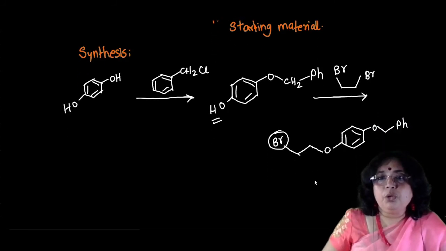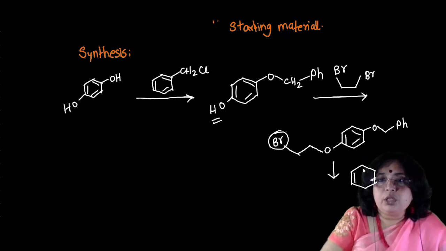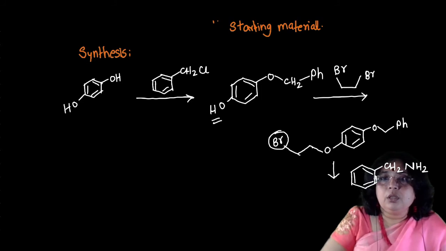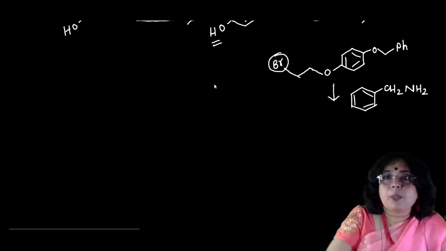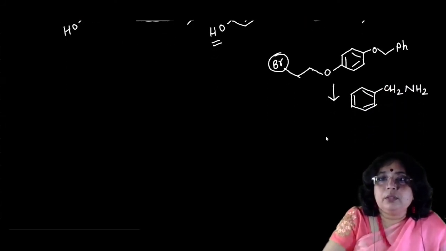Now to put the NH group, let us see which molecule I should be using for the amination. So CH2 NH2. Now let us see how the molecule has been designed and synthesized.